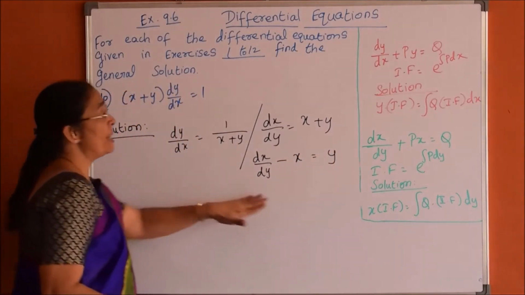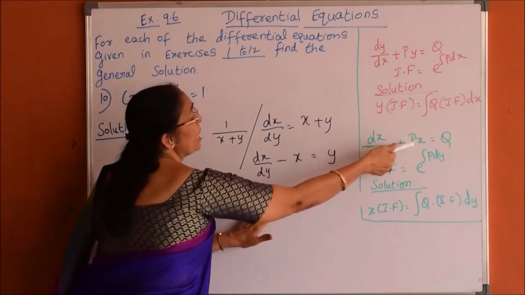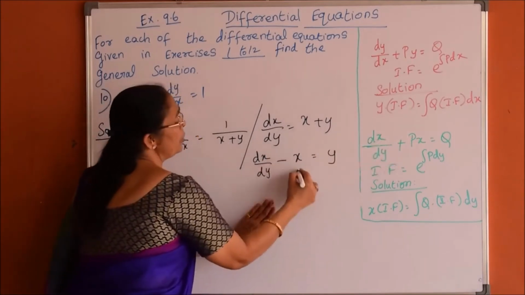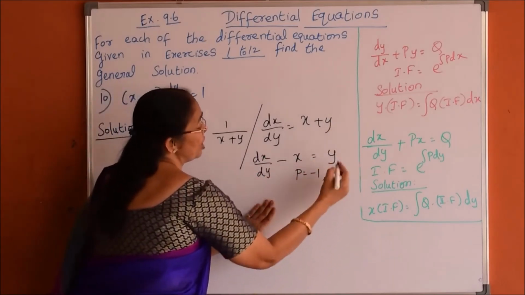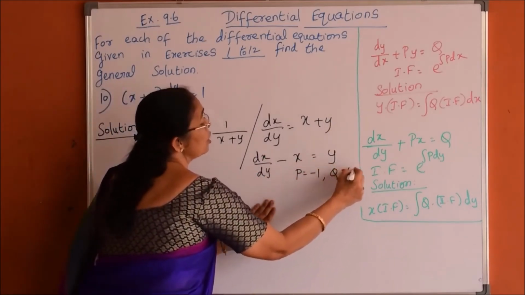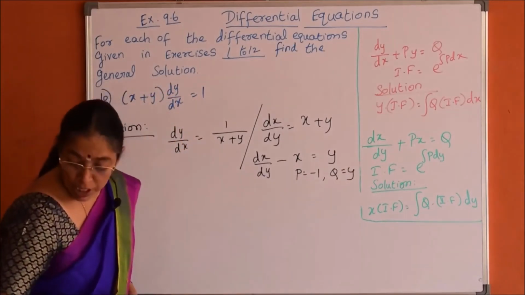Now let us compare this with the second form, dx by dy plus P into x is equal to Q. Our P value here is minus 1, Q should be a function of y or constant. So Q is equal to y. So now this is a linear equation of second form.